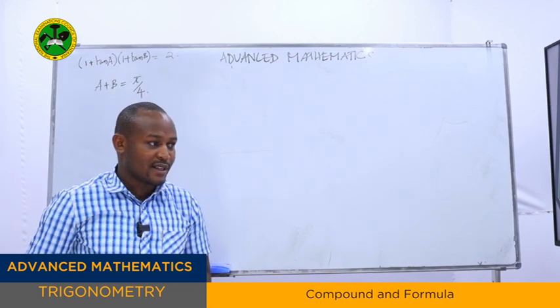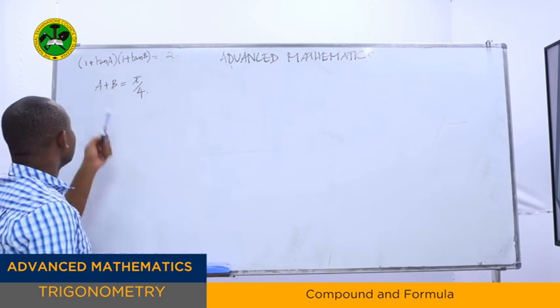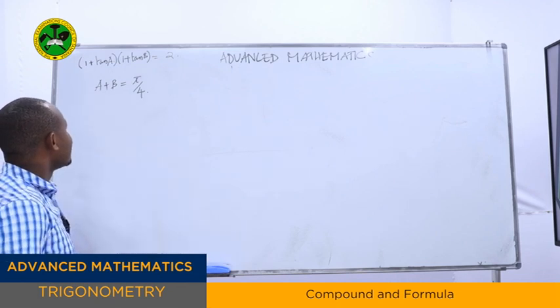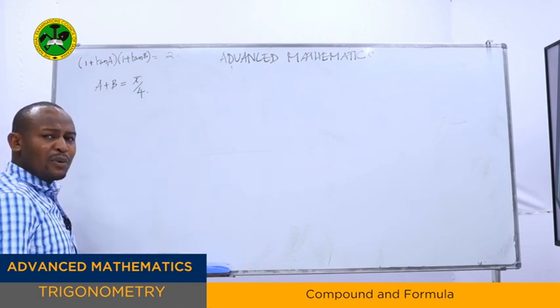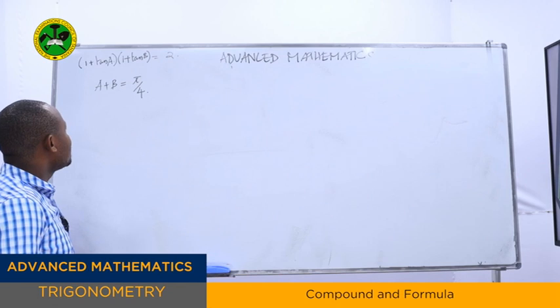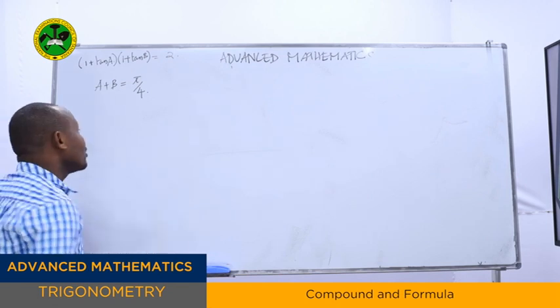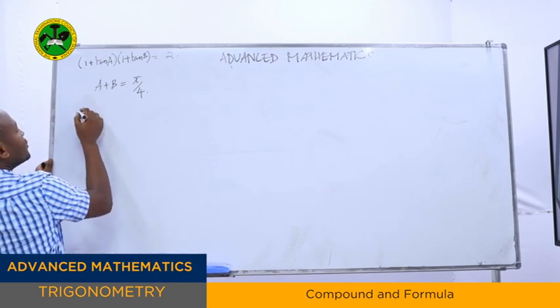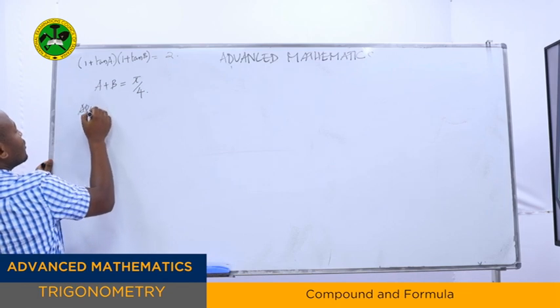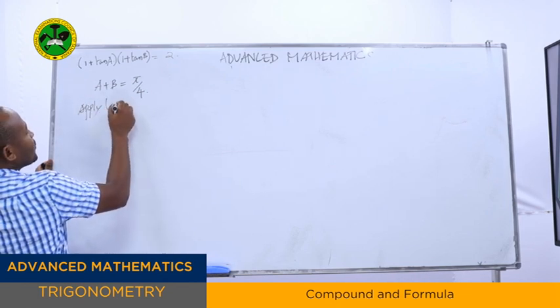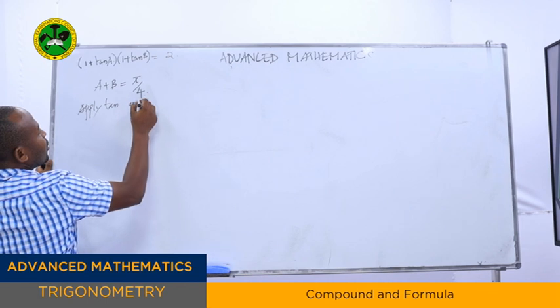So how do we prove that? As you can see, we have tan. So can we open that by the use of tan on both sides? So we can apply tan on both sides.